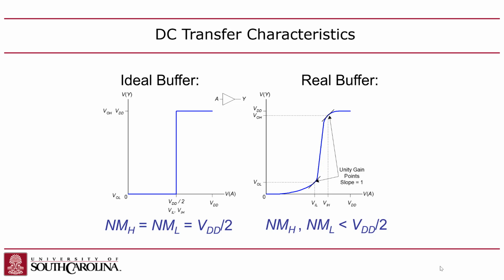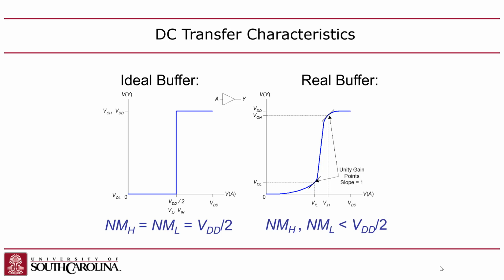Now, likewise, if you look at the output, and this is one of the nice things about logic gates, the output level at VIL is VOL. It's the output voltage of the gate when your input is VIL. And then you have a VOH, which is the output voltage when your input voltage is VIH.